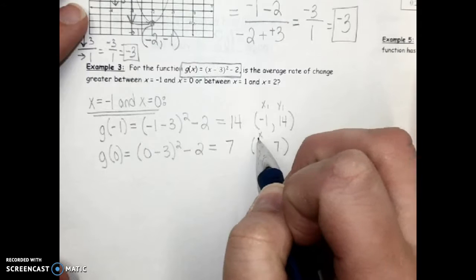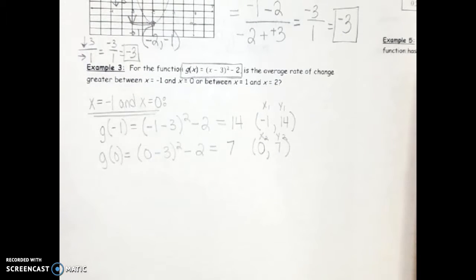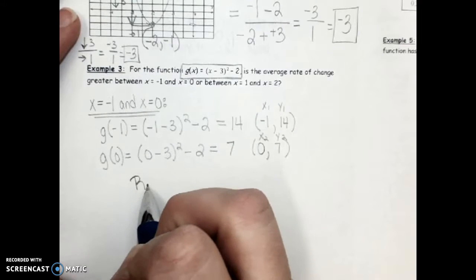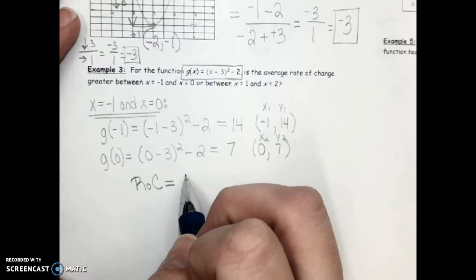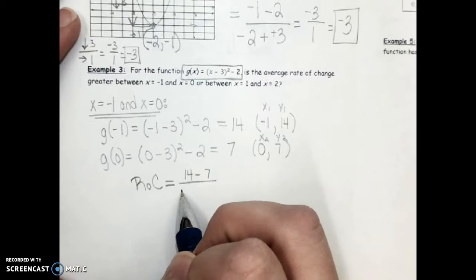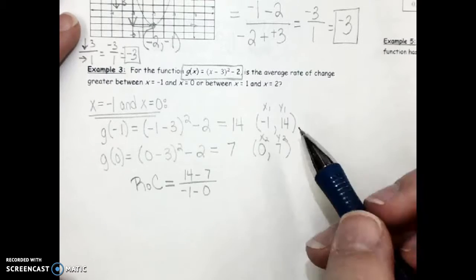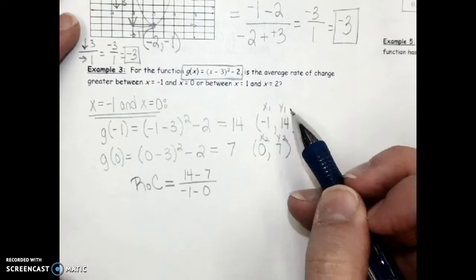That's x2, y2. So I found my x and my y, but I need to know the rate of change. The rate of change, ROC, for this particular interval, is 14 minus 7 over negative 1 minus 0. Now you say, Ms. Slusher, you put those in backwards. You didn't put y2 first, you put y1 first.